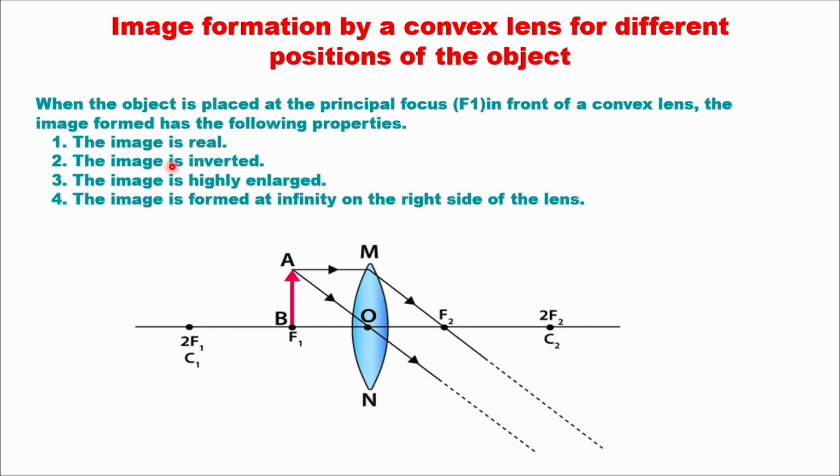It is real, inverted, and highly enlarged in size. This is also important. Sometimes they may ask, when do you get the image highly enlarged compared to the object size? When the position of the object is exactly at f1, the principal focus.